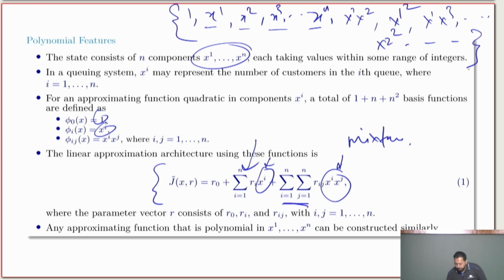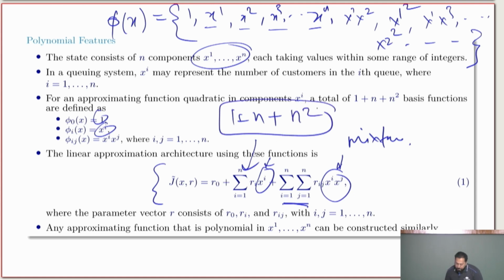As you can see, the feature space is quite big here. So these are the features of x at the state x. Now it's about doing a linear combination of these features. In this case, the number of features is n squared plus n plus 1.